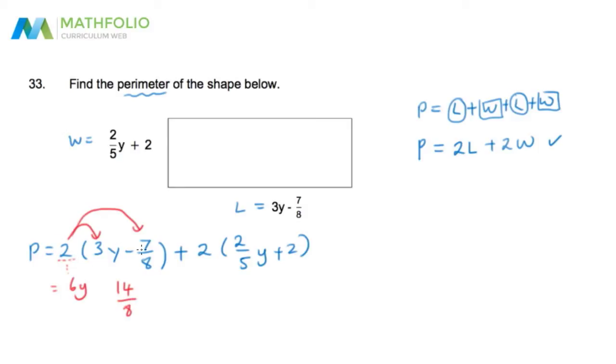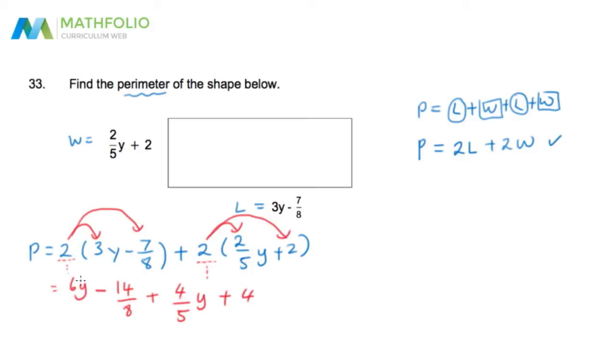Because this is positive and this is a minus there, the minus is going to stay. And then we're going to add the 2 times the 2/5 y, which again, if we need the 2/1, we can just write it in there. This gives us 4/5 y plus, now we've got to do the 2 times the 2, which is 4.